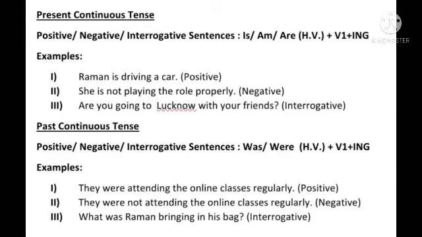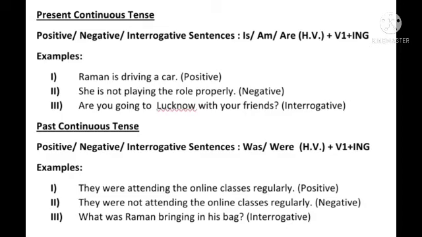In past continuous tense, we use was, were as helping verbs and the ing form of the verb. We use was as helping verb when the subjects are I, he, she, it and all the singular numbers, and we use were when the subjects are we, you, they and all the plural numbers.